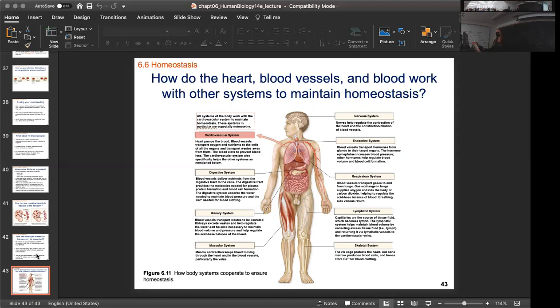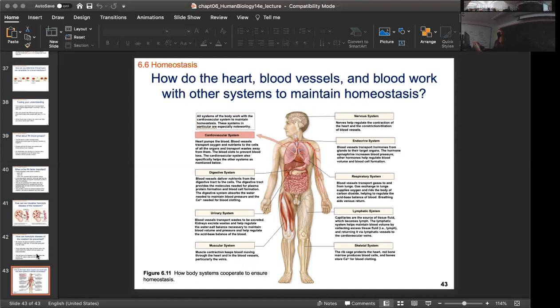It helps the nervous system regulate the contraction of the heart and the constriction and dilation of blood vessels. Your endocrine system, which produces hormones. Respiratory system, which helps with the breathing. Your lymphatic system, which is fighting off infections.